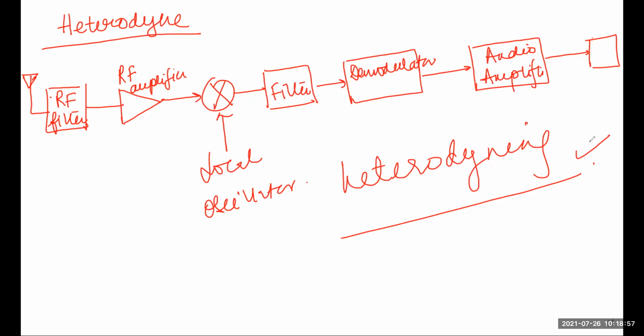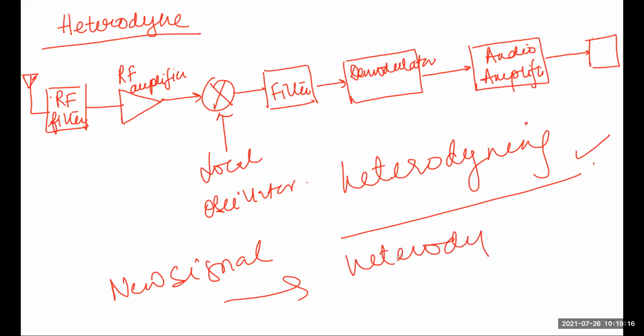The new signals which come up using this heterodyne, or with the process of heterodyning, the new signal obtained is called heterodynes.